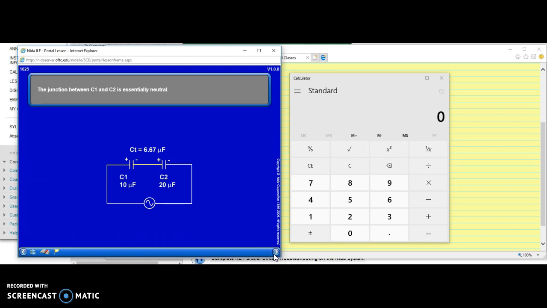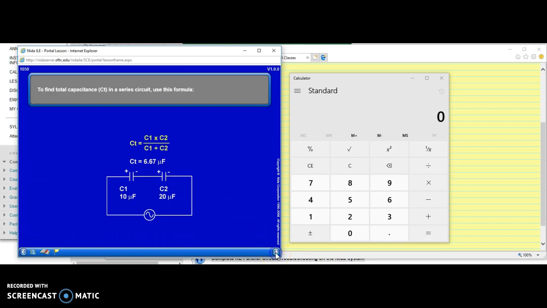And the junction between C1 and C2 is essentially neutral there. So basically, it's like one big capacitor. Total capacitance of the circuit is felt between the left plate of C1 over here and the right plate of C2. So again, it's like one giant capacitor as far as the electrons are concerned.